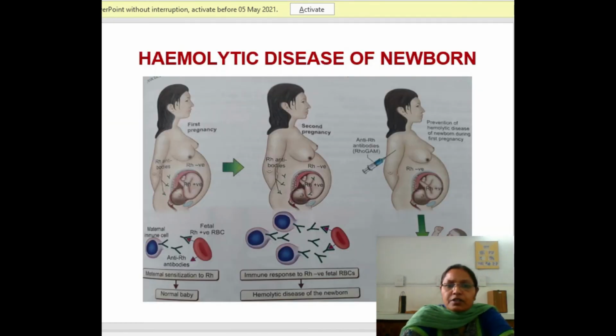Now this picture is showing hemolytic disease of the newborn when the mother is Rh negative and the baby is Rh positive. In the first pregnancy, the Rh positive baby's red cells cross the placenta and go into the maternal circulation. It will cause sensitization of the maternal immune system, and there is development of antibodies in the mother against the Rh positive cells of the fetus.